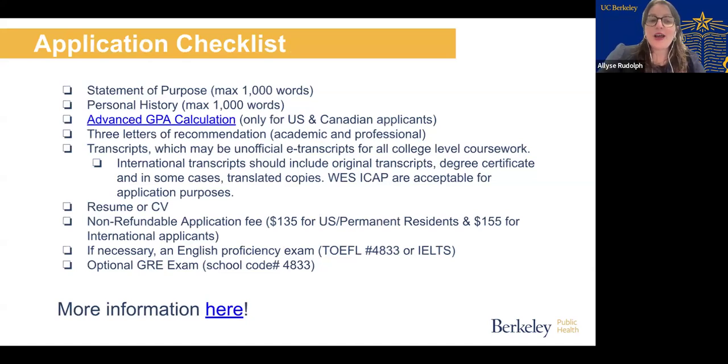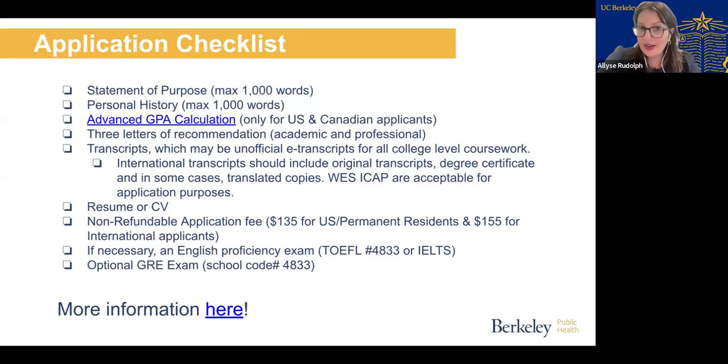All right, so apart from the prerequisites, there are the materials that you actually need to submit as part of your application. And we'll go into these in more detail later on in this presentation, but the checklist that we're looking for is first, 2 different essays: your statement of purpose, which should be 1,000 words, and then your personal history statement.